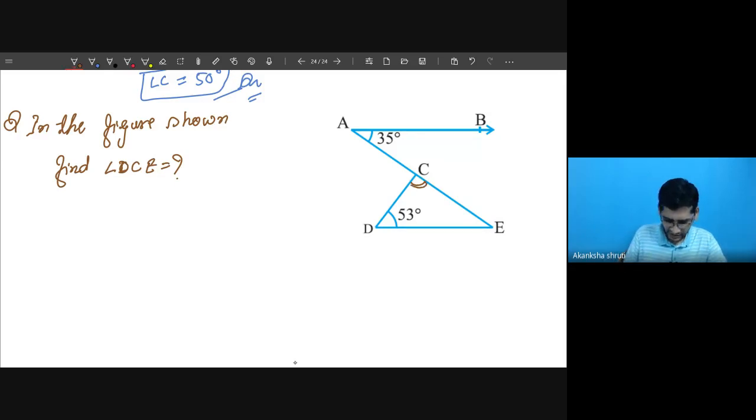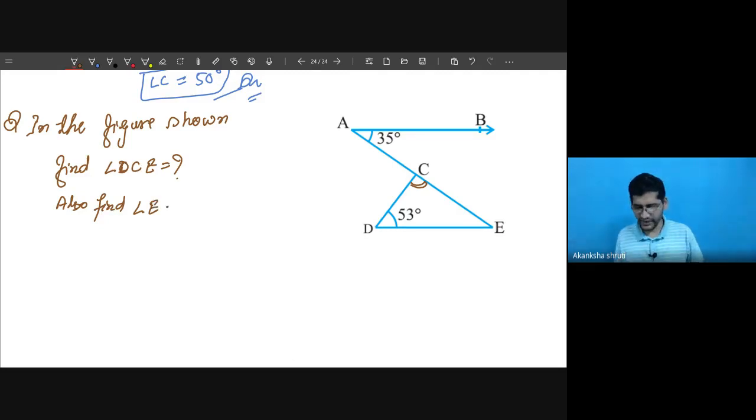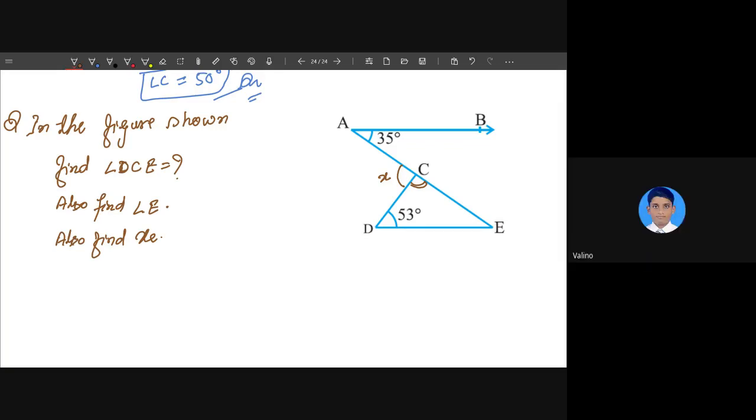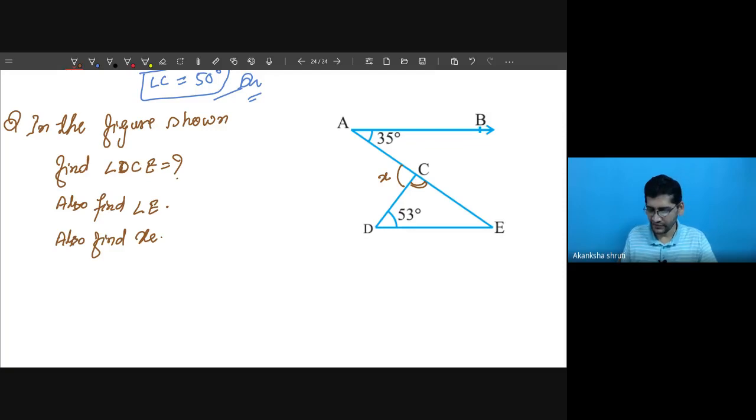You also have to find angle E. Though angle E is required to calculate angle C, and consider this value as X. Also find X. What is this X? X is 35 degrees, alternate interior angles. Okay, X is 35 degrees.